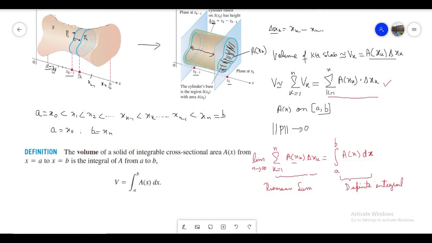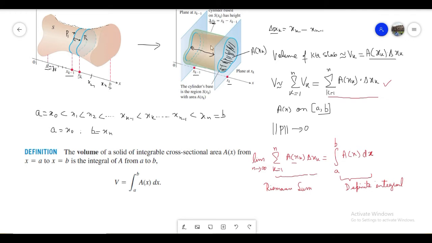Starting from x equals a and ending at the point x equals b is the integral of A from a to b, where A of x is the cross-section area and dx is the differential. So this is how we can compute the volume by using the slicing method.